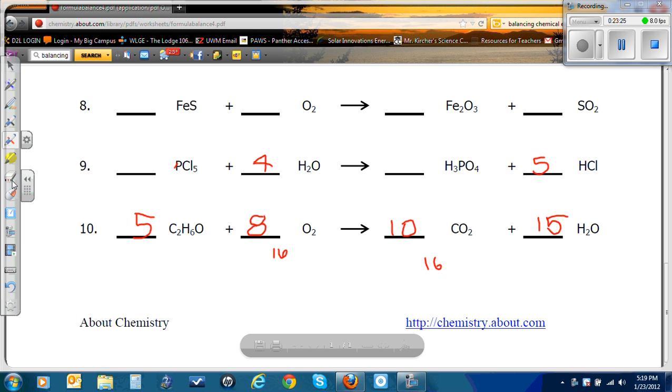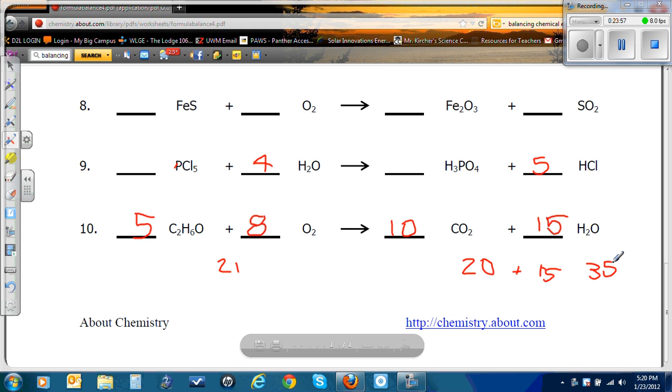All right, so we can throw out this 16s, go out the door. So we have now 5 oxygen plus 16 oxygen is 21. We still have that 21, but on this side now we have 20 oxygen plus 15 oxygen. We have 35.